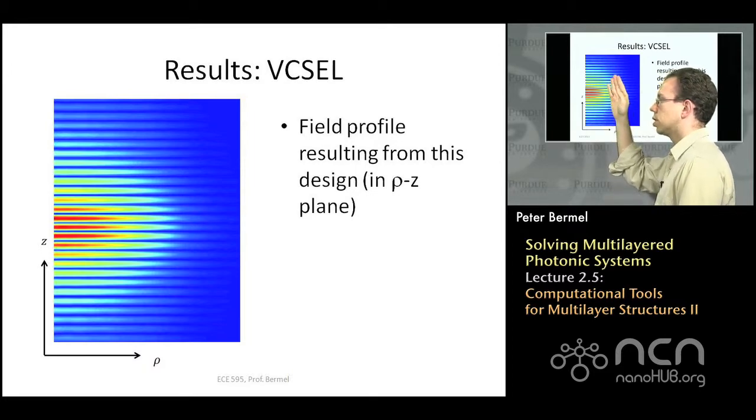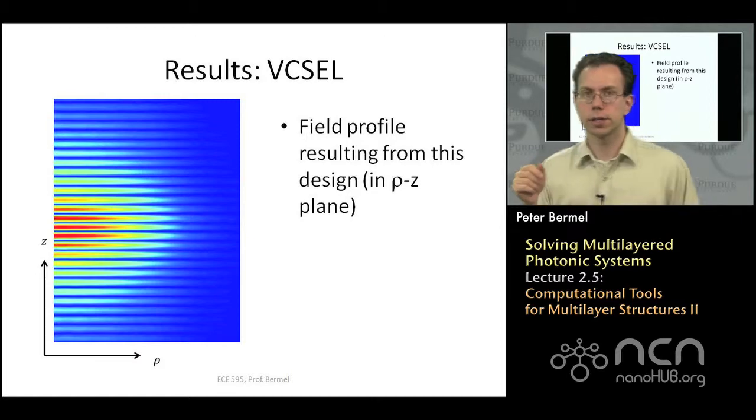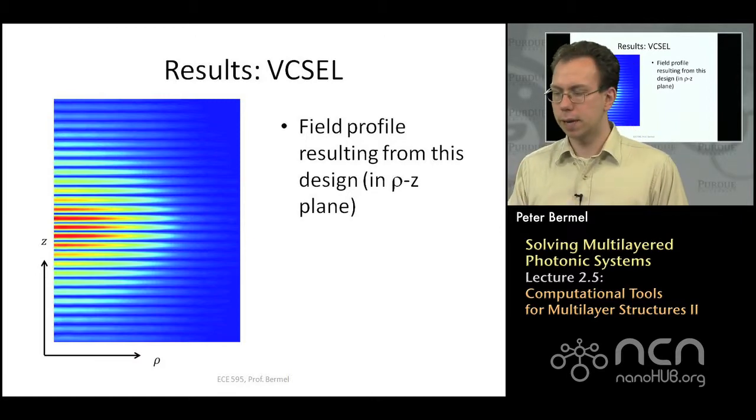Like this is of course a cross section, and this is the radial direction, and the azimuthal direction kind of comes out of the page here. And then this is the Z direction, so you can see it's strongly confined within both Z as well as within the radius by a combination of index guiding and photonic crystal band gap type effects.